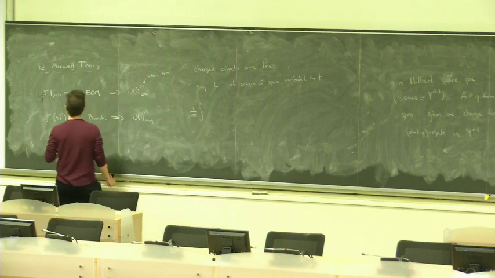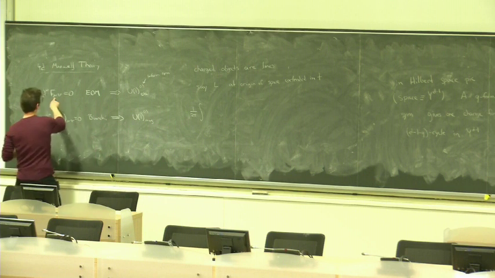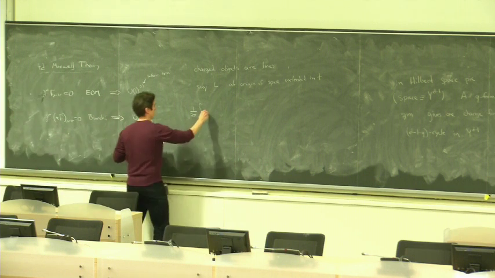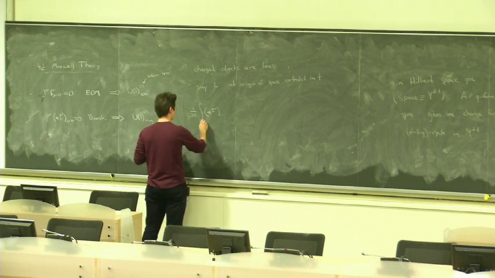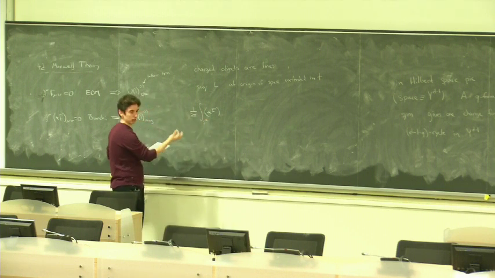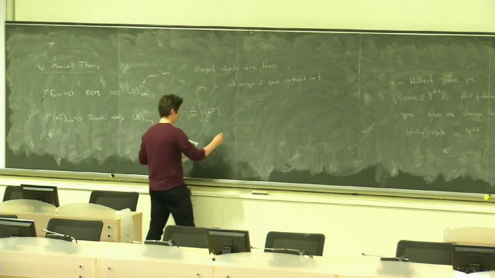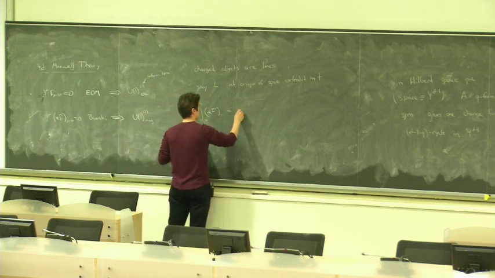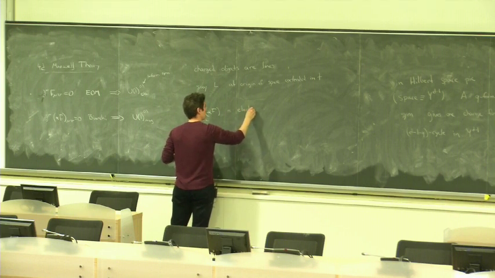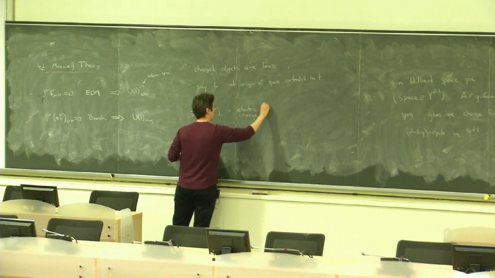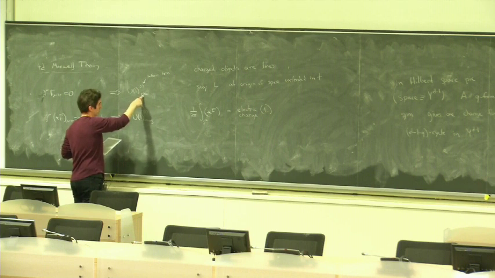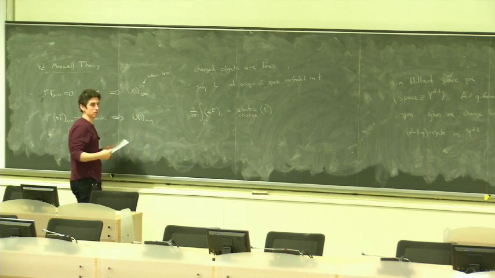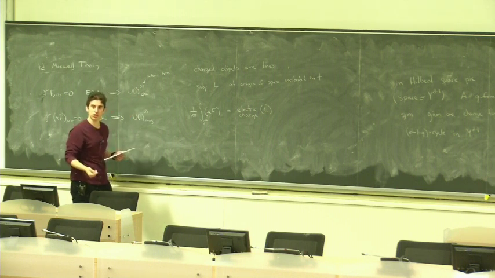We're supposed to put star of the current. So for the electric one, we put star f. That's what we were supposed to integrate over some S2 surrounding this origin. And this is, of course, the electric charge. So that's why the one-form symmetry is called the electric one-form symmetry, because it measures the charge of Wilson lines, the electric charge.